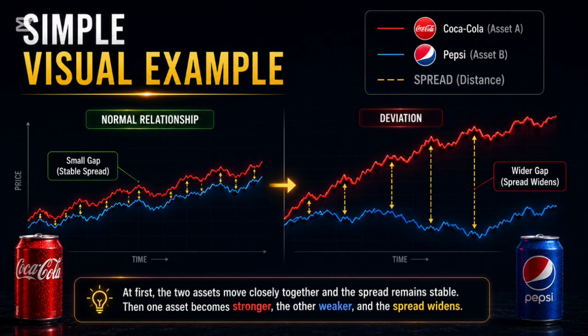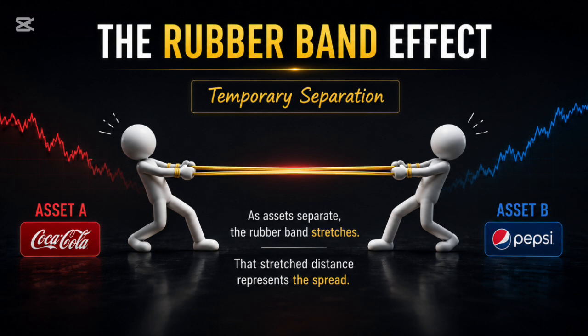We'll be using the rubber band effect as an example, the analogy we'll be using again. Remember, I explained it in the last co-integration video. Imagine two assets connected by a rubber band. As they separate, the rubber band stretches.